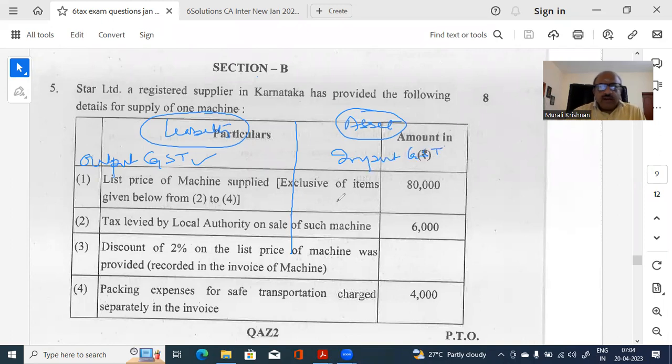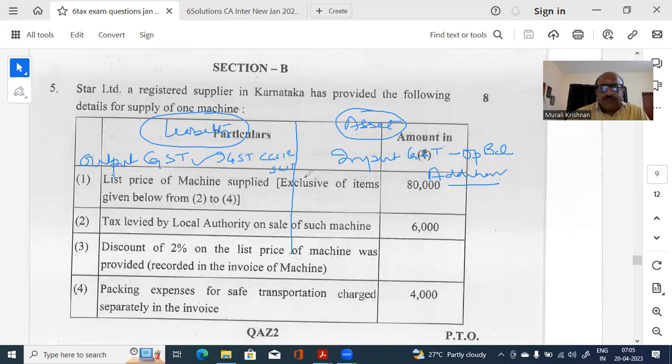I'm just breaking out how these problems have to be understood. Input GST has two elements: one is the opening balance and additions during the month. Both have three elements: IGST, CGST, and SGST.